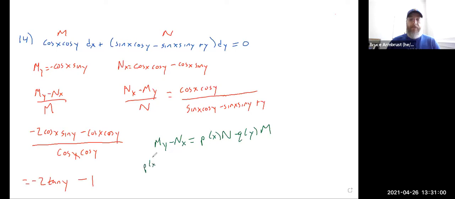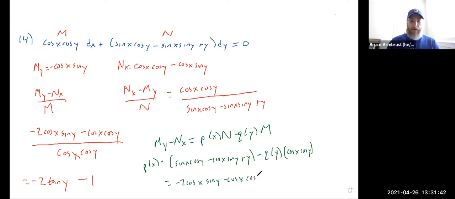We need p of x times sine x cosine y minus sine x sine y plus y, minus some function of y times cosine x cosine y, such that that equals the difference in the my and the nx's, the top of this over here. So let's start building this.